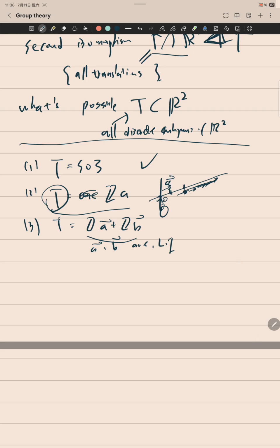Because if there's no smallest one, then you can do arbitrarily small translations, which violates T being discrete. A similar proof will show that T must be the same in 2 dimensions, but this requires a detailed proof. So let's assume that you only have these three. Okay, so these are all the possibilities.